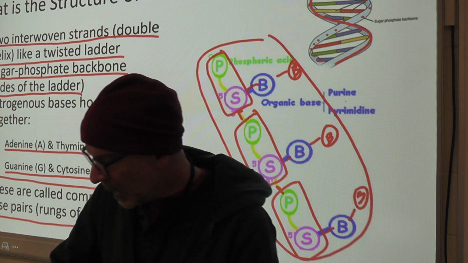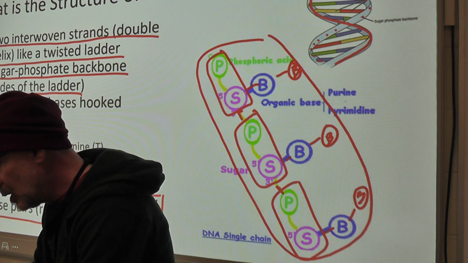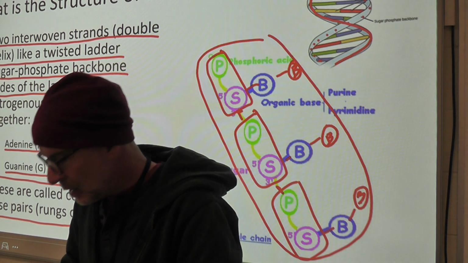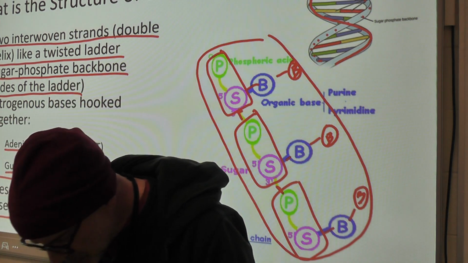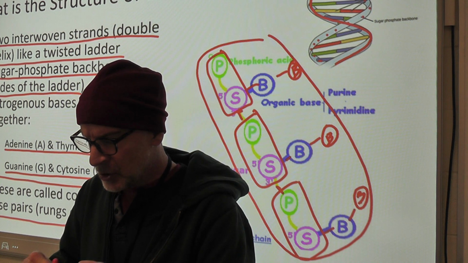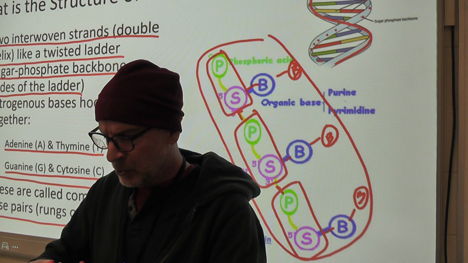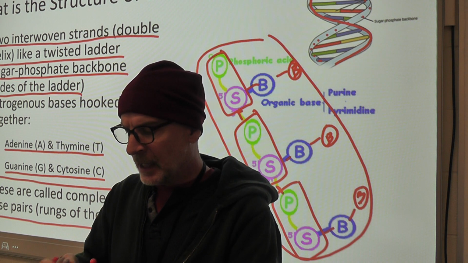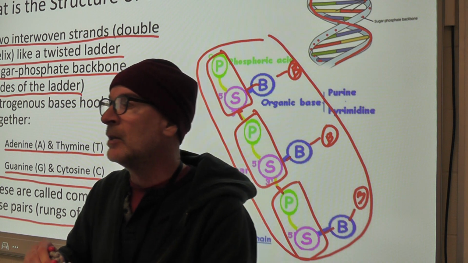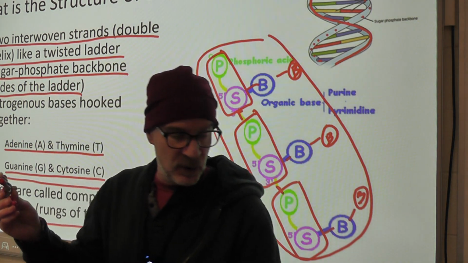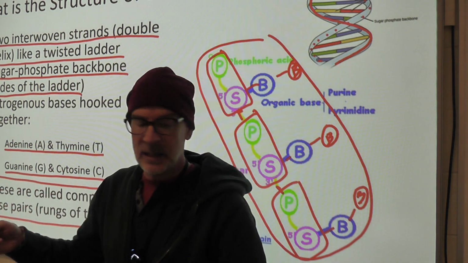Instead, what happens is we start with nucleotides. And those nucleotides potentially are just floating around loose inside of a cell. In the case of DNA in larger, more complex organisms like us, this would be floating around in the nucleus of the cell.